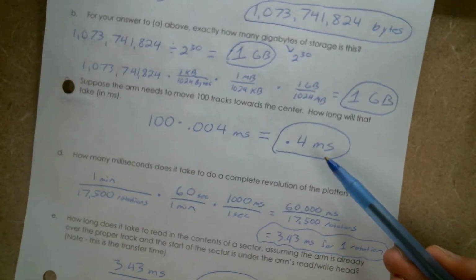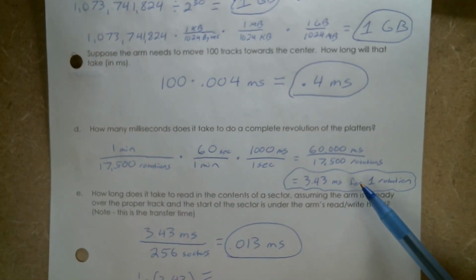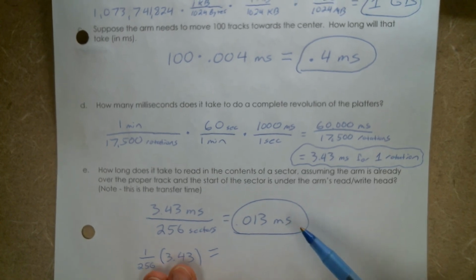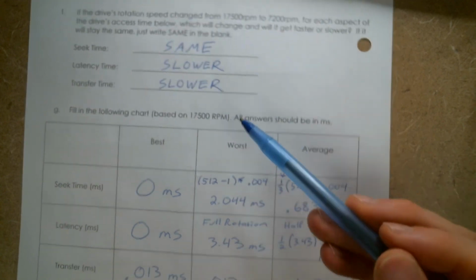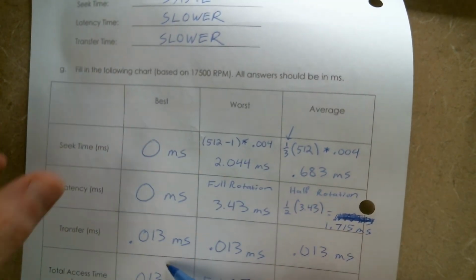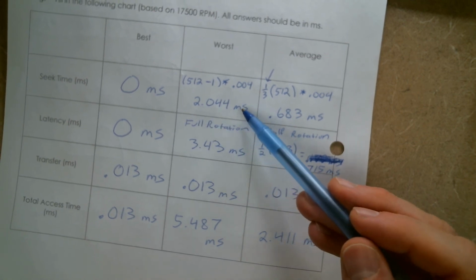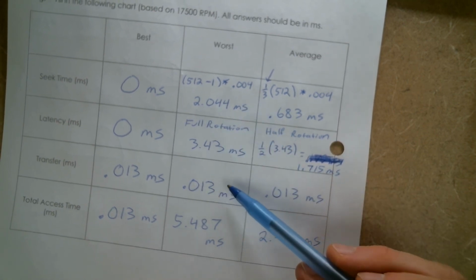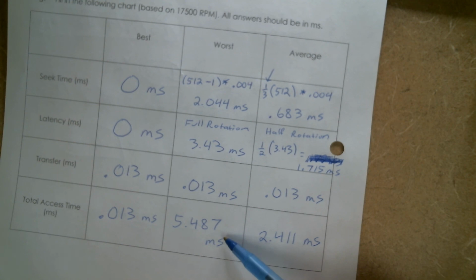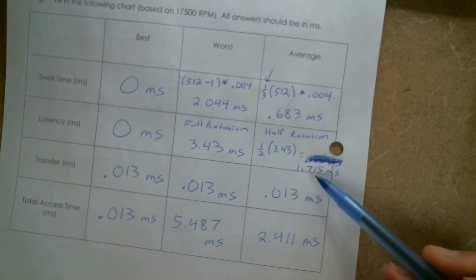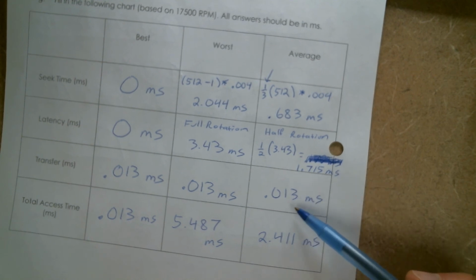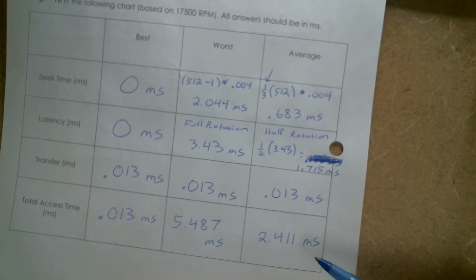There's C, D, and E. Same, slower, slower. 0, 0, 0.013 for a total of 0.013. 2.044, 3.43, 0.013, 5.487. 0.683, 1.715, 0.013, 2.411.